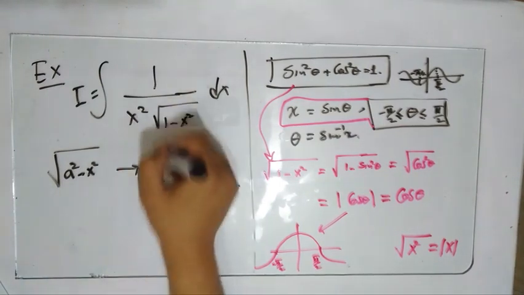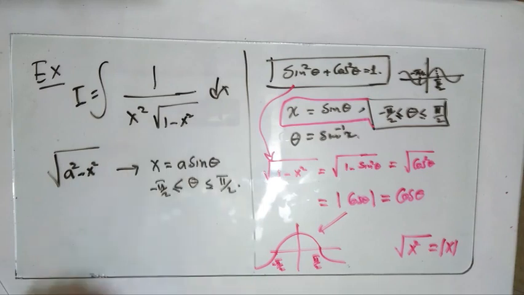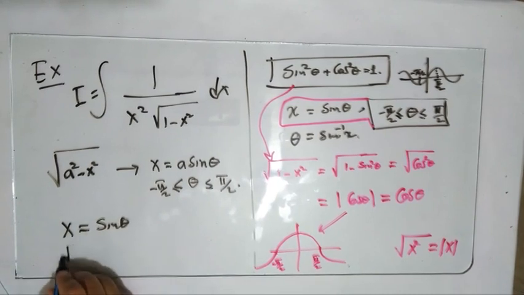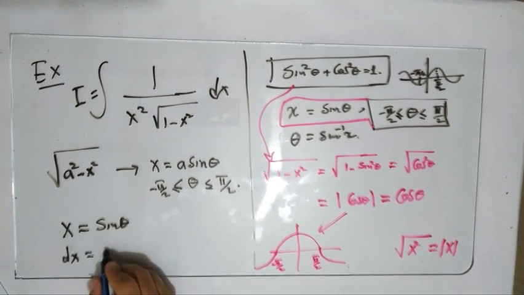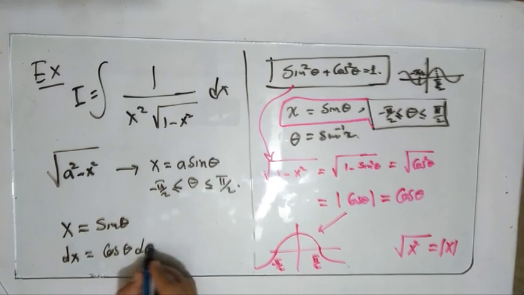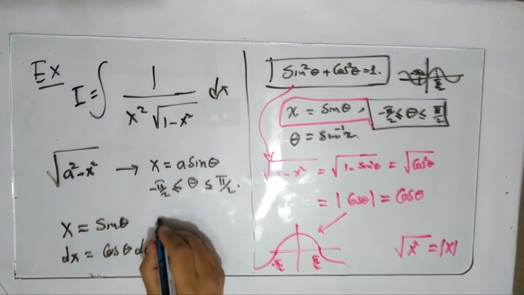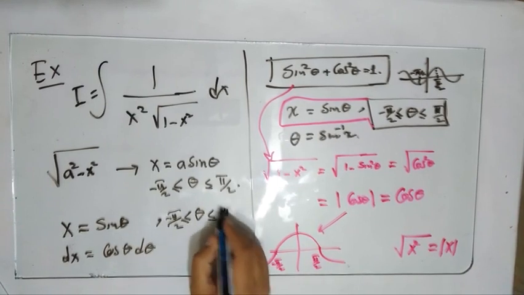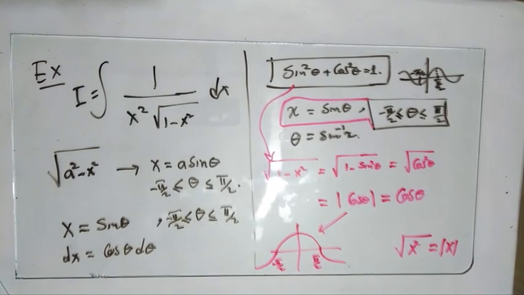Here we have this square root, which is 1 minus x squared. So x equals sine theta, and dx equals cosine theta d theta, and theta is between negative pi over 2 and pi over 2.